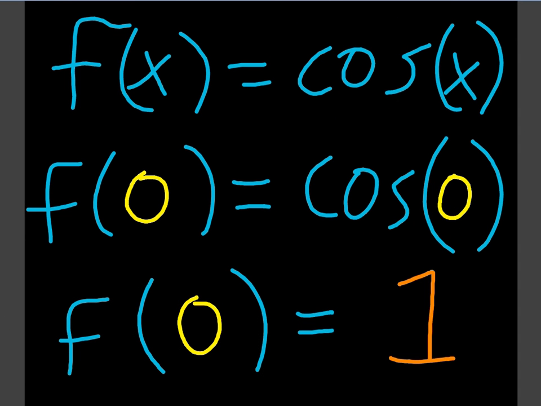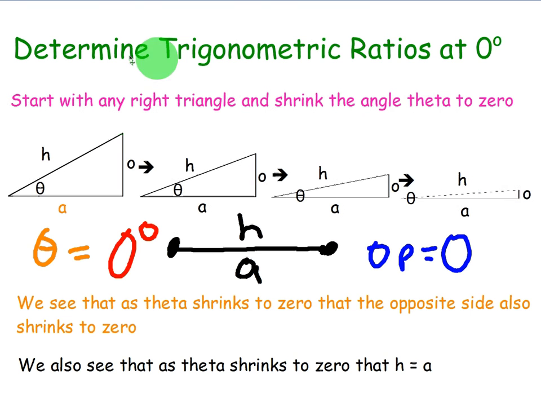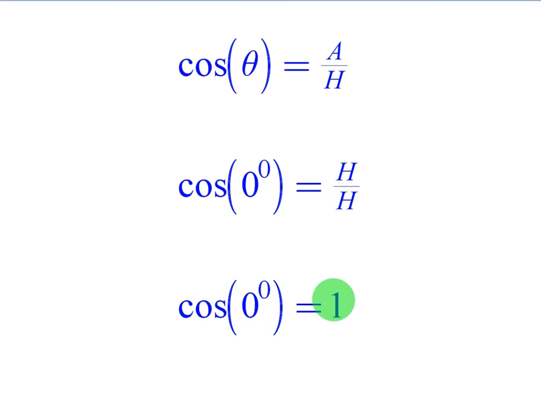Now, what about cosine? Well, we know that the biggest value that cosine can have is equal to 1. This goes back to the lesson of trig ratios at 0. When we see the triangle become a straight line, we see the hypotenuse becomes the adjacent side. Since cosine is adjacent over hypotenuse, they become one and the same, and therefore h over h is equal to 1.